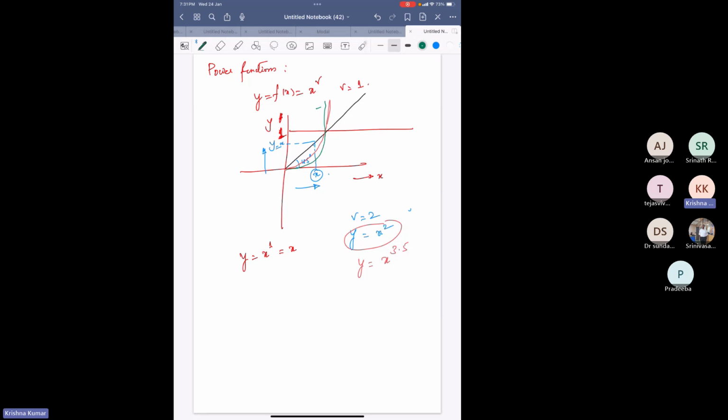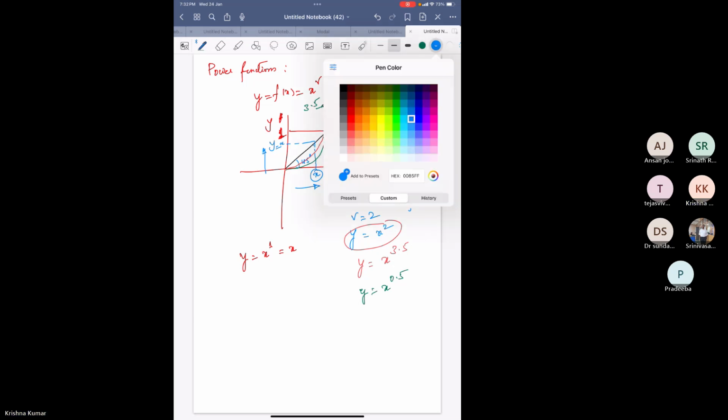So this is 3.5. I said it can be any real number. So I can also have x power 0.5. How would that look like? Let us see how that looks like.